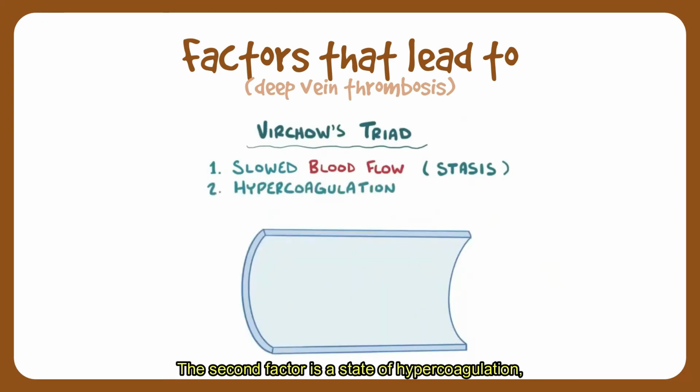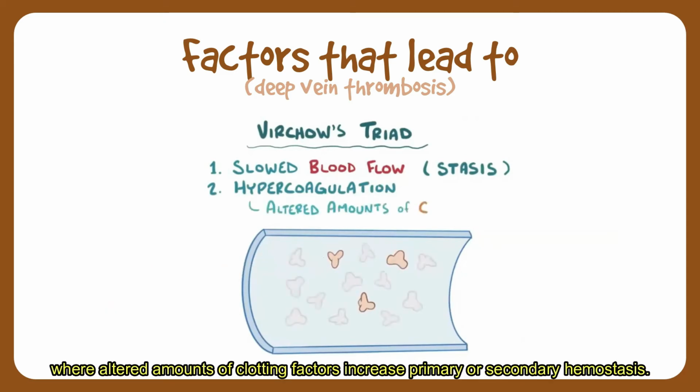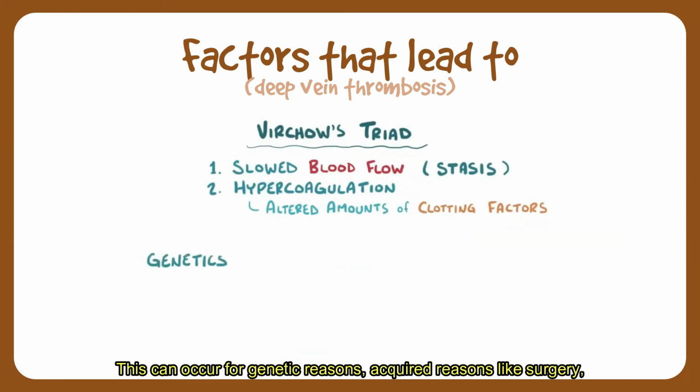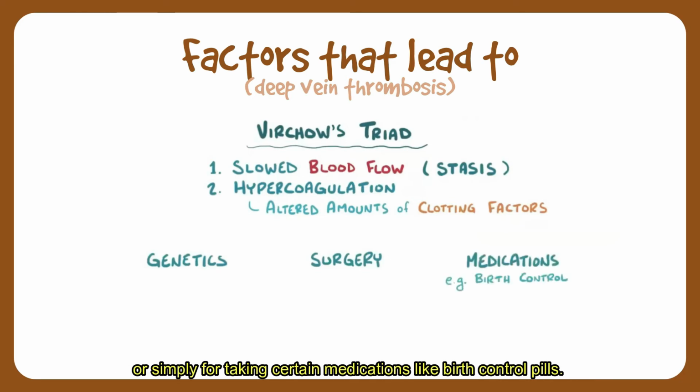The second factor is the state of hypercoagulation, where altered amounts of clotting factors increase primary or secondary hemostasis. This can occur for genetic reasons, acquired reasons like surgery, or simply for taking certain medications like birth control pills.